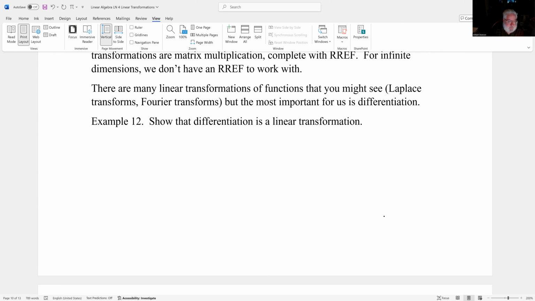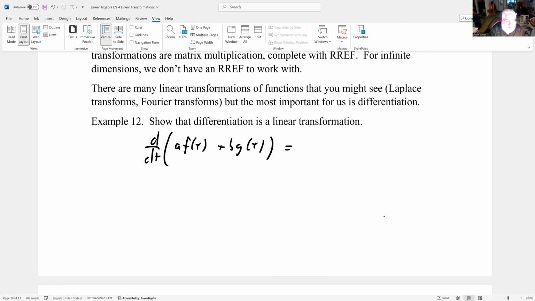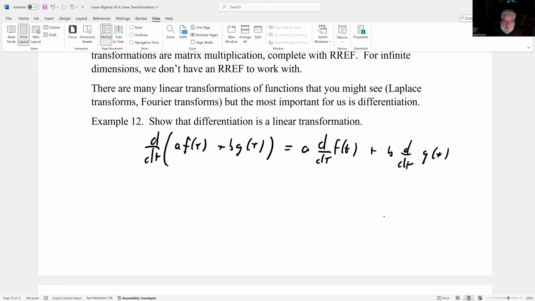So differentiation: if A and B are constants, we know that this is that, right? We can differentiate each function, multiply by its constants, and then add them together.